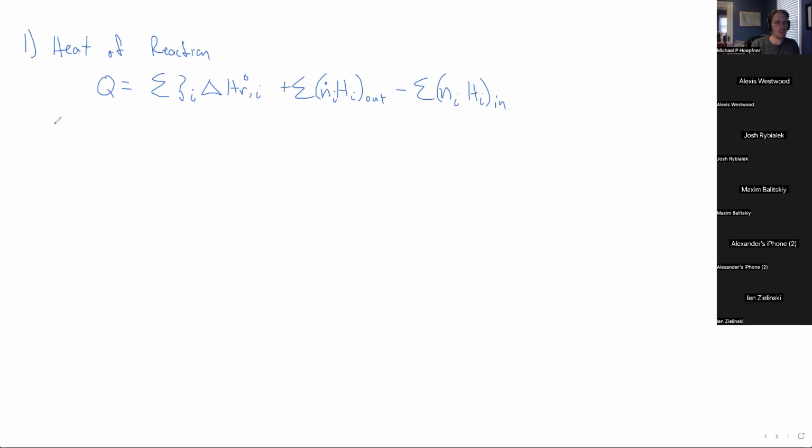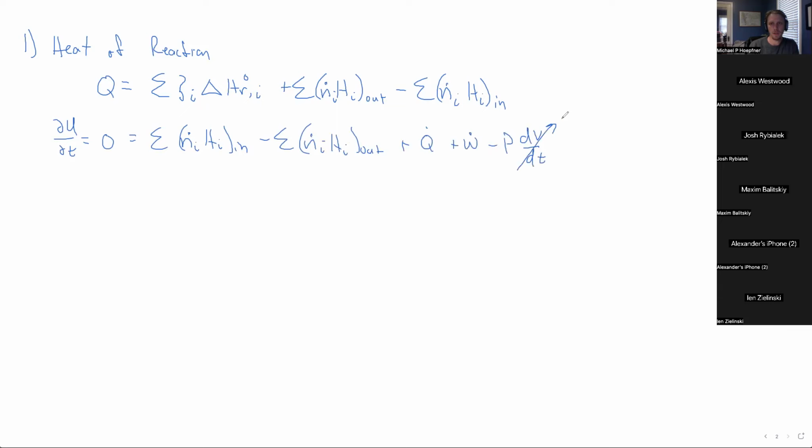So if we start off with the general energy balance, dU/dt, in a steady state process, this is equal to 0. Here we are summing up enthalpy in, we're minusing all of the enthalpy out, plus Q plus W minus P dV/dt, which then is going to go to 0 for most of our open steady processes.